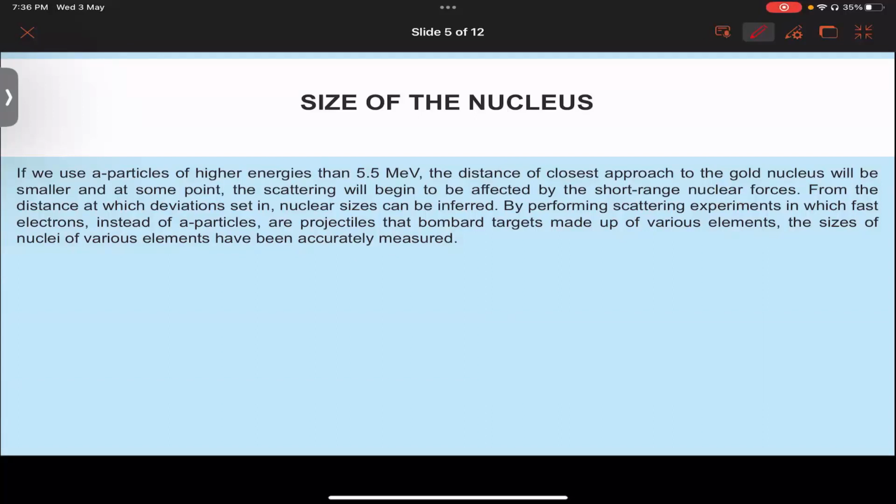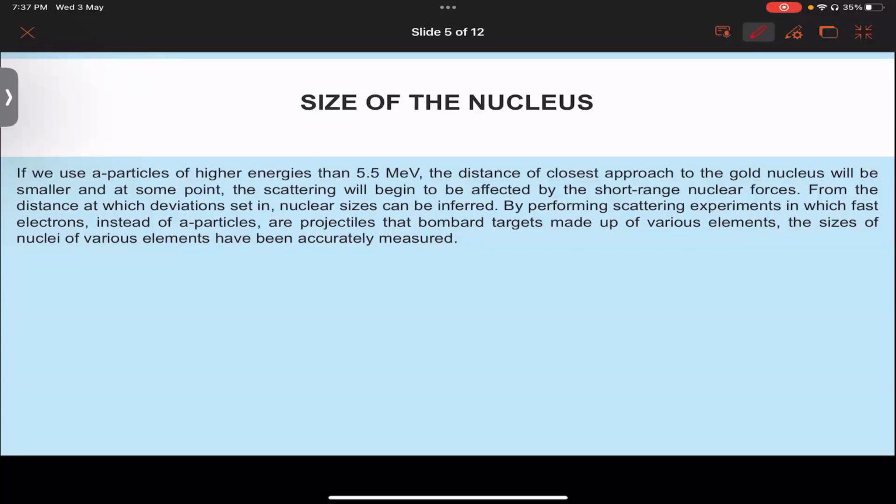The experiment showed that the distance of closest approach of an alpha particle to a gold nucleus, with kinetic energy of 5.5 MeV, is actually 4 into 10 raised to minus 14 meter.